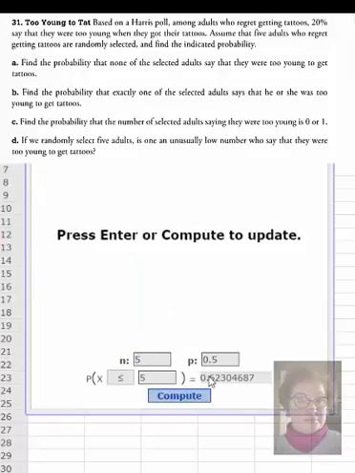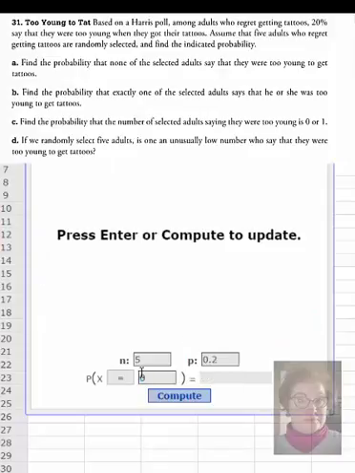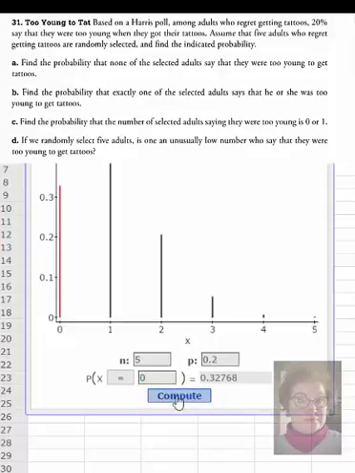And we know our probability is 20%, which is 0.2. Then part A is find the probability that none of the selected adults say they were too young to get tattoos. So what's the probability that X equals 0? I'm going to compute, and I get that the probability is 0.328.